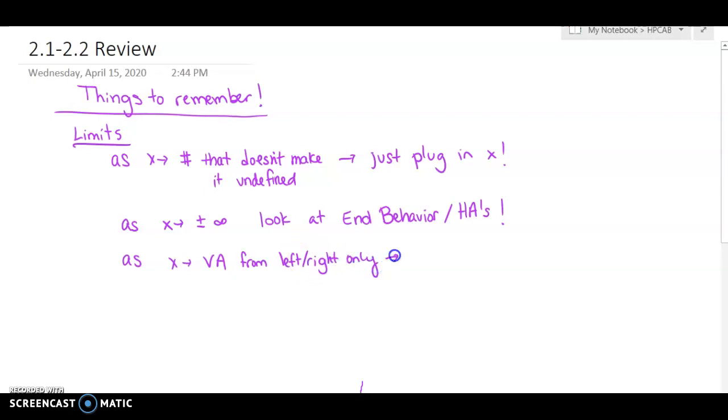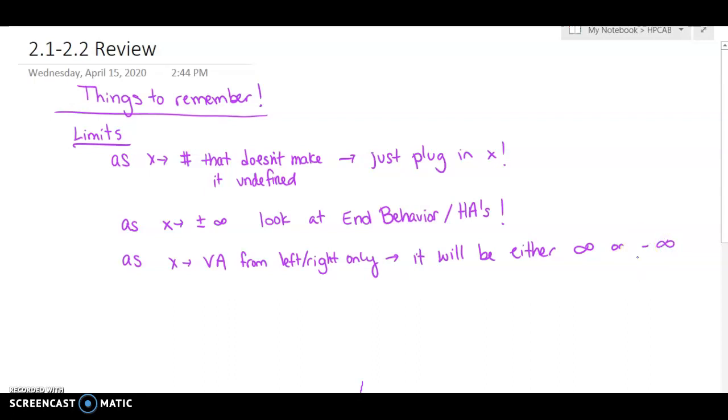We know that it will be either positive infinity or negative infinity. As you approach a vertical asymptote, it's got to either go up along the vertical asymptote or down along it. So what you need to figure out is which one it is.